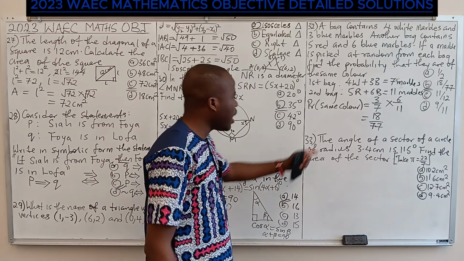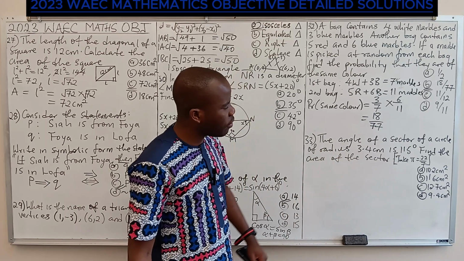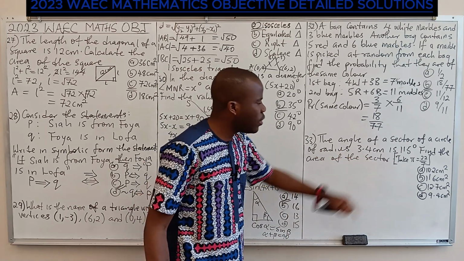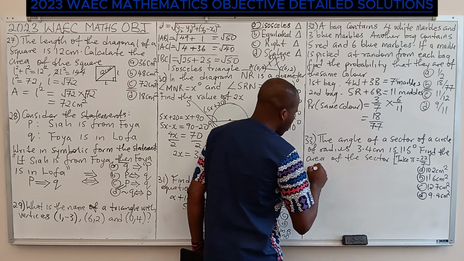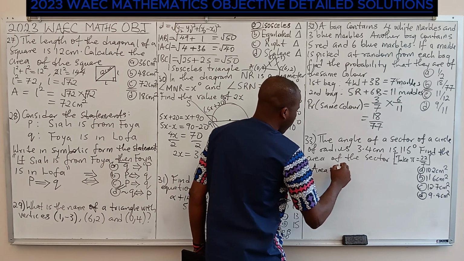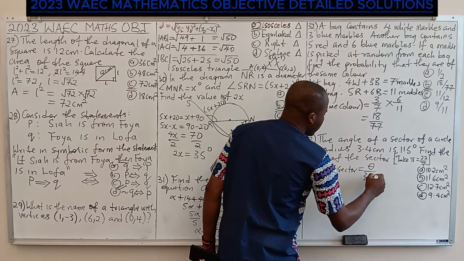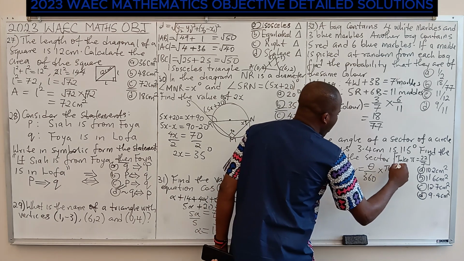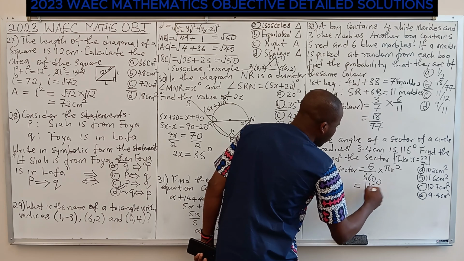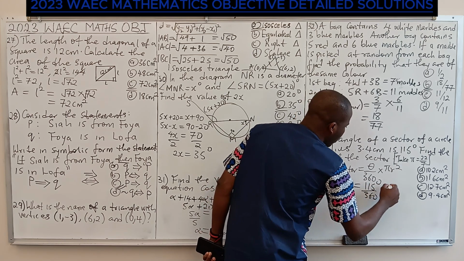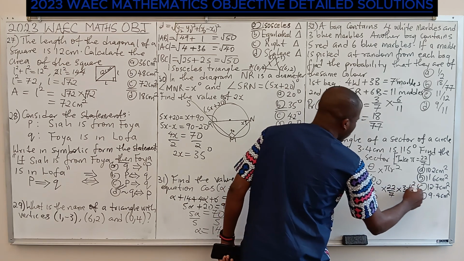33 says the angle of a sector of a circle of radius 3.4 cm is 115 degrees. Find the area of the sector. The formula for the area of a sector is given as theta over 360 times the area of a circle, pi r squared. We are given theta as 115 degrees, so 115 over 360 times 22 over 7 times 3.4 squared.